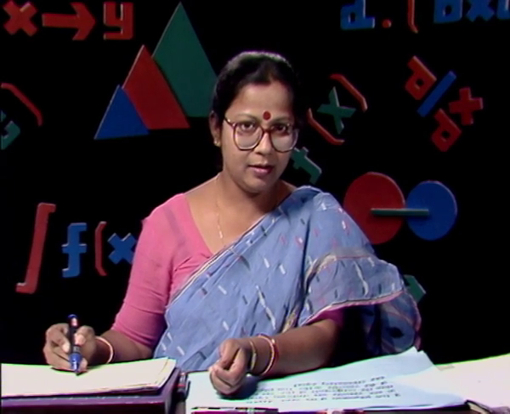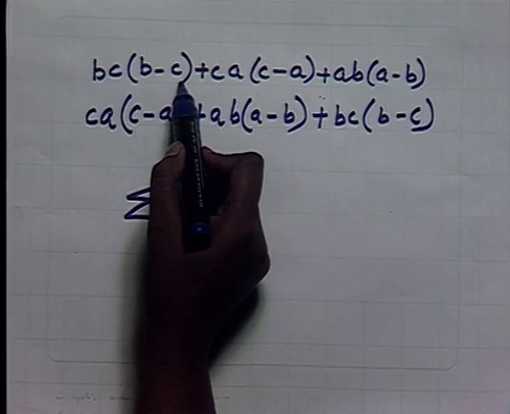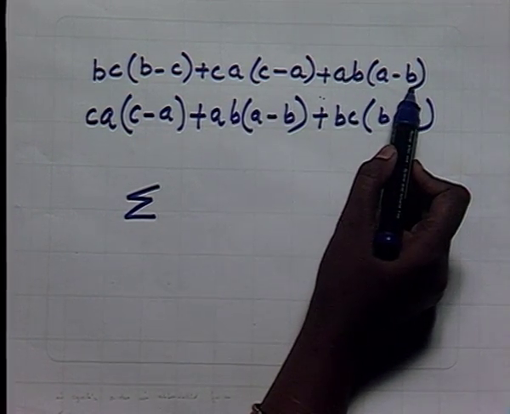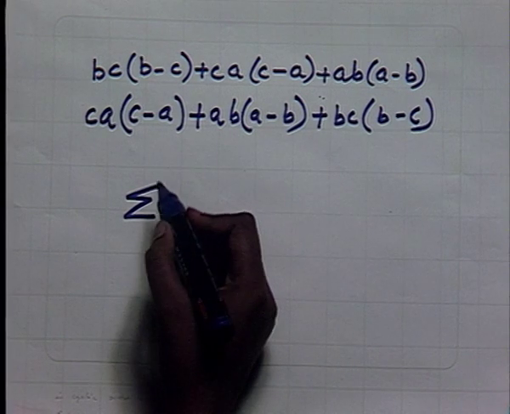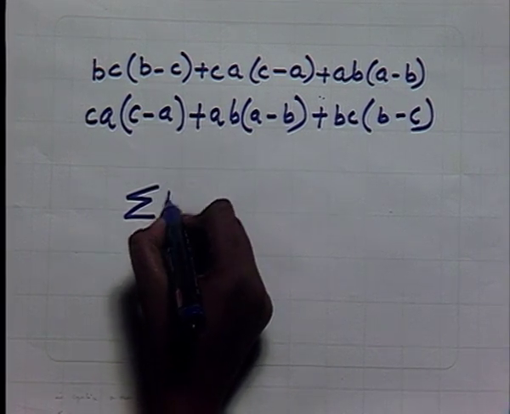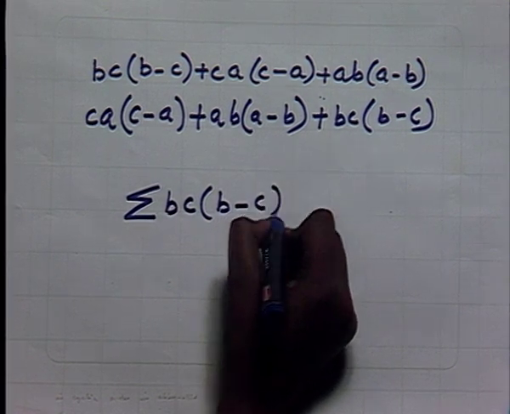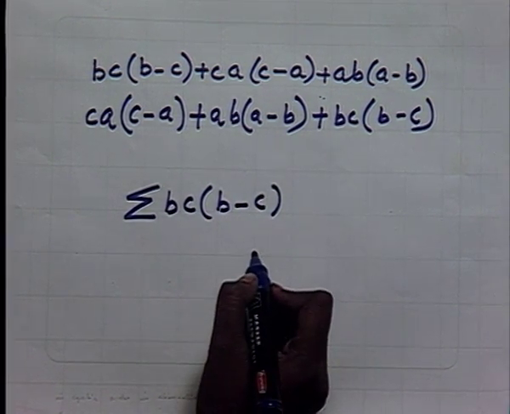For example, the expression BC into B minus C plus CA into C minus A plus AB into A minus B can be written in abbreviated form as sigma BC into B minus C in ABC.